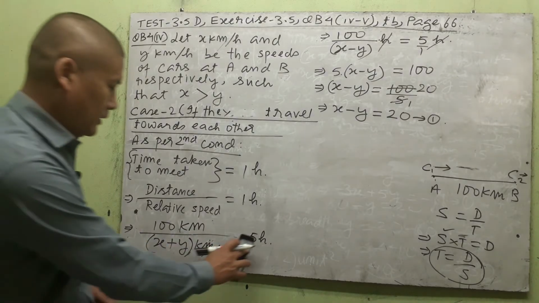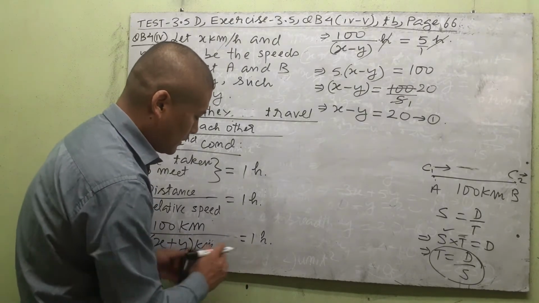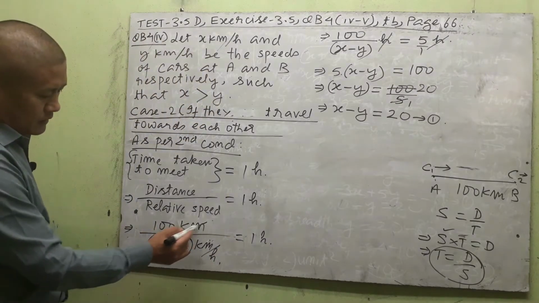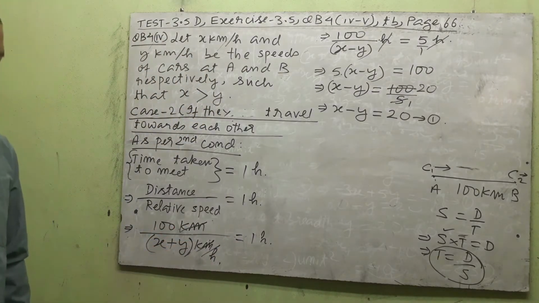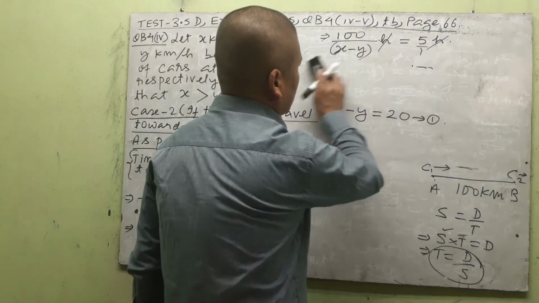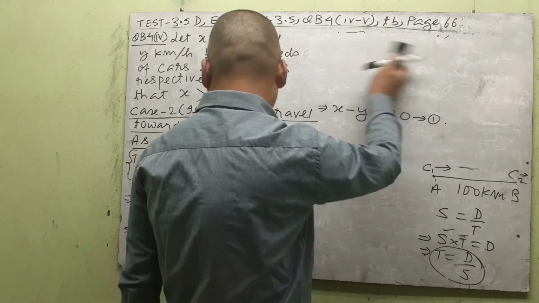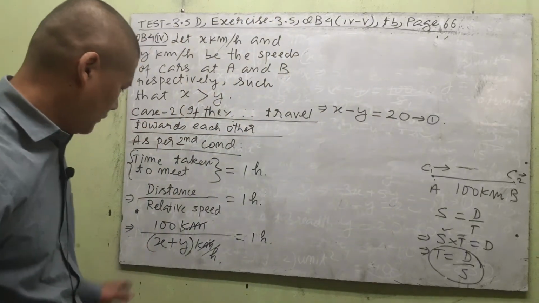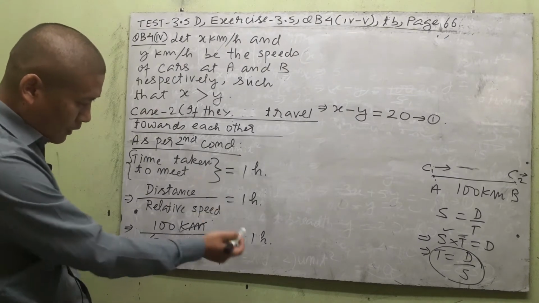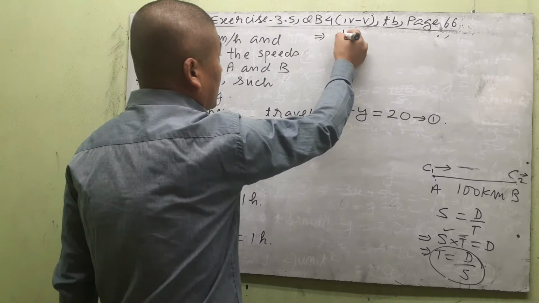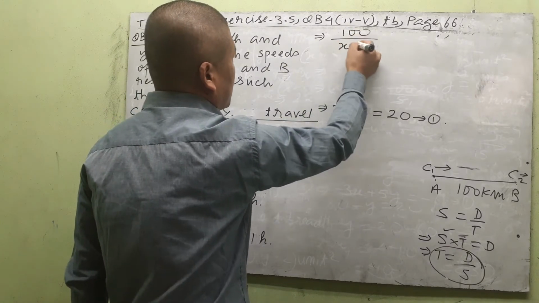Okay, and this will be replaced by 1 hour because in the second case they are taking only 1 hour to meet. So like we did in the previous case, this kilometer and kilometer can cancel. I hope you're getting it right. Now this is equation 1. Let's just keep it here. Then as we continue, here I will write 100 divided by x plus y, the same thing.